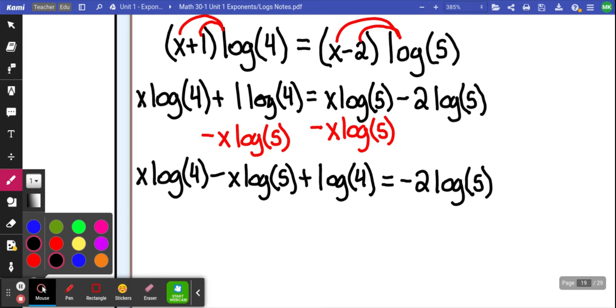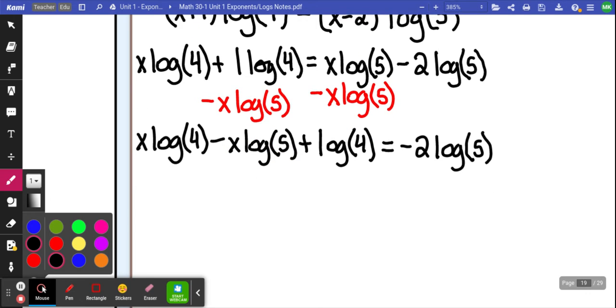Once the x's are on the same side of the equal sign, here's my equal sign, x's are all on the left. I now need to move my numbers to the other side. So I have to start moving the terms over. I have plus log 4. I need to subtract that to the other side.